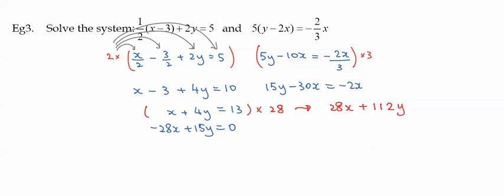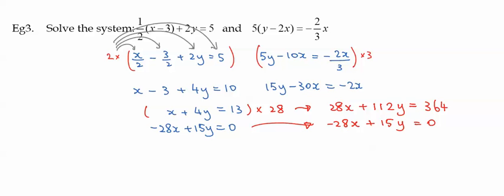Thank you. And then 13 times 28, 364. You can use your calculator to do this. And of course, for the second equation, we don't need to do anything about it because it comes with 28x.